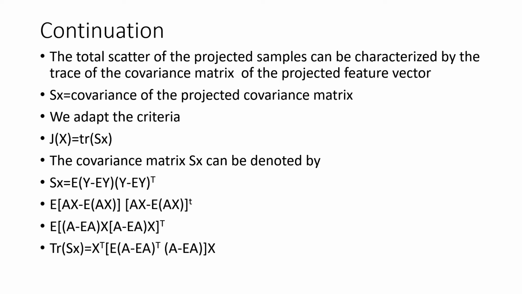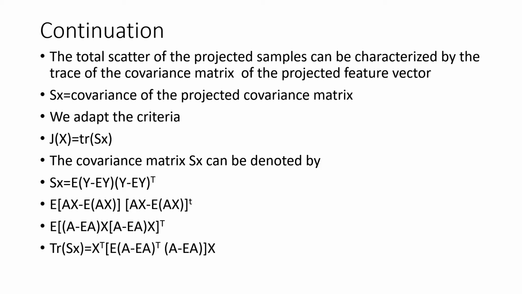The covariance matrix Sx for the output feature vector y is Sx equal to expectation of (y minus expectation of y) into (y minus expectation of y) whole transpose. Substituting y equal to Ax, we get expectation of (Ax minus expectation of Ax) into (Ax minus expectation of Ax) whole transpose.